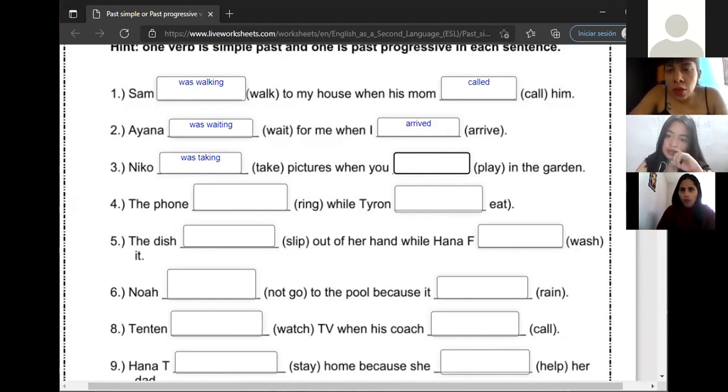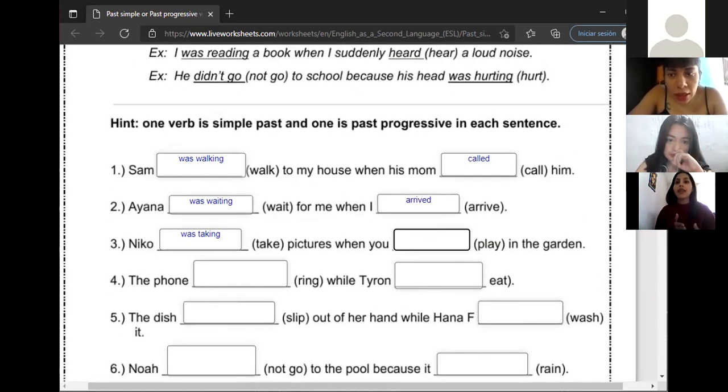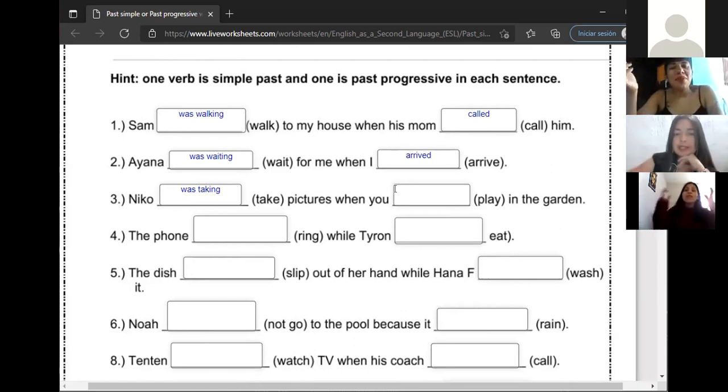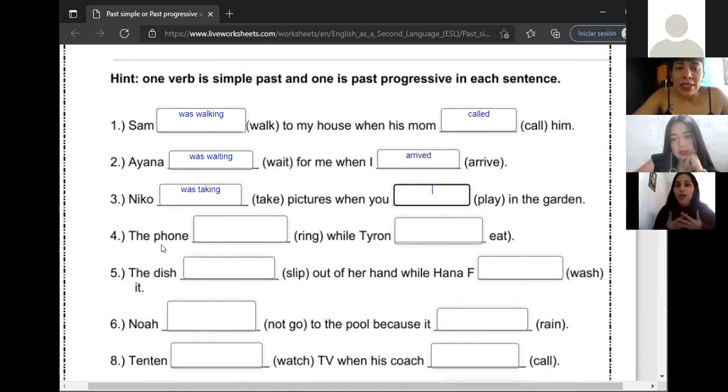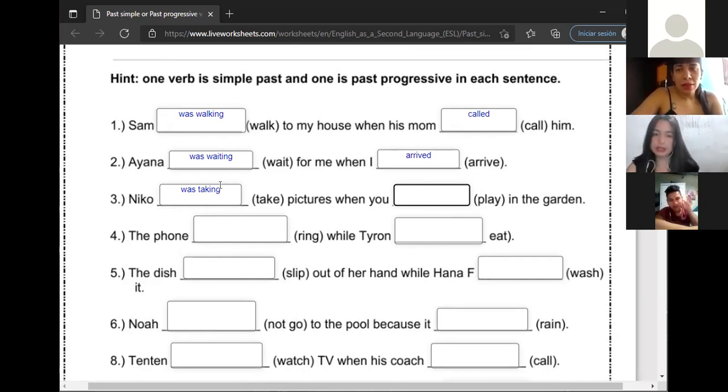No, because when is for an activity that is going to interrupt the first one. While is for activities that are happening at the same time. Try to say it in English, not Spanish. I really think both sentences are in past progressive.